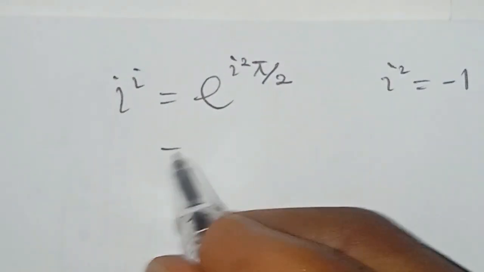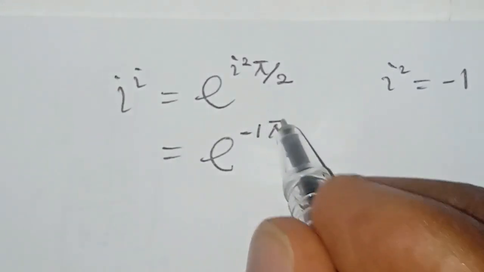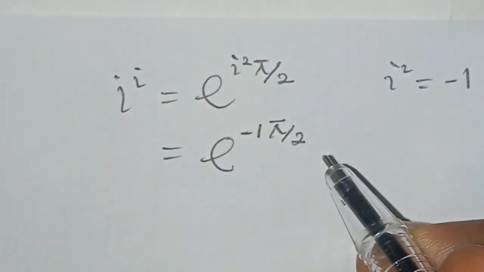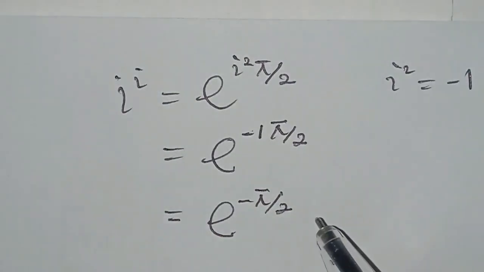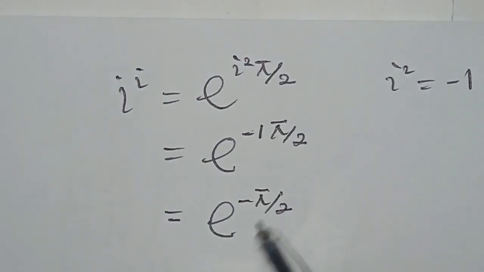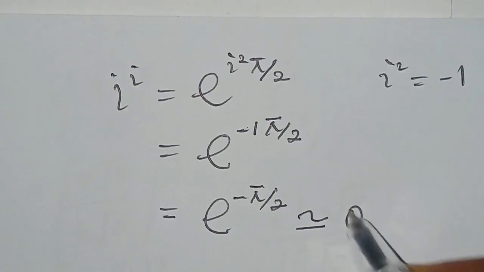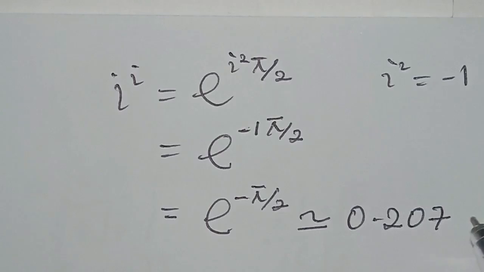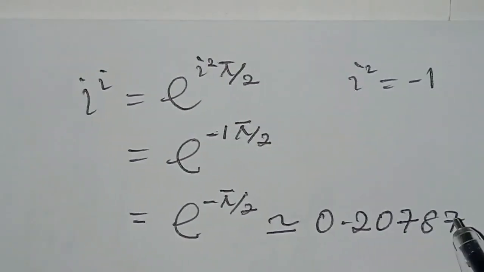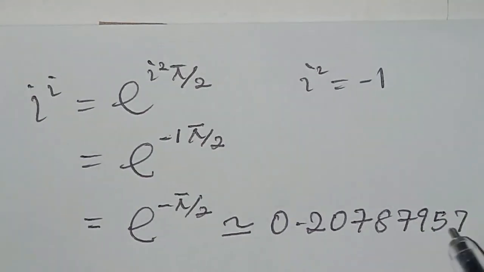Then we have that to be equal to e to the power of minus 1 multiplied by pi over 2, and properly that is given as e to the power of minus pi over 2. And we know that the value of this is equivalent to 0.20787957.